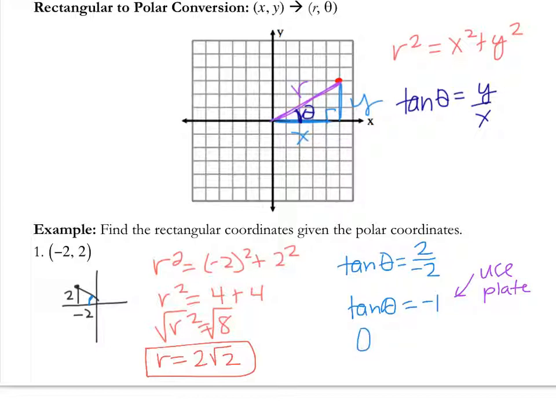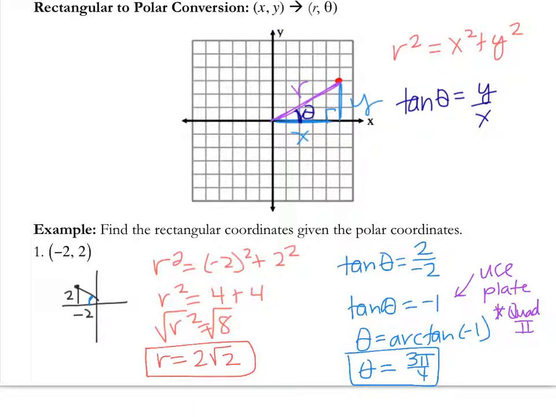Because right now, technically, what we're doing is arctan of negative 1. But negative 1 is on your plate, so you're just going to look on your plate in the correct quadrant. You do have to look in quadrant 2 because I know that's where the rectangular graph lands. So I have to pick an angle that's in that same quadrant. So that should be 3 pi over 4.